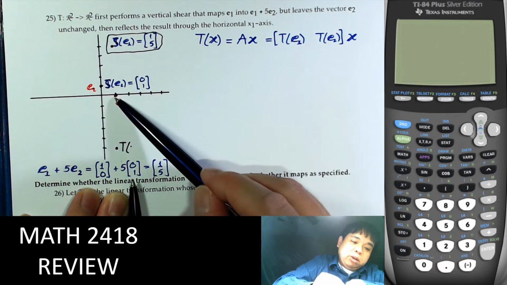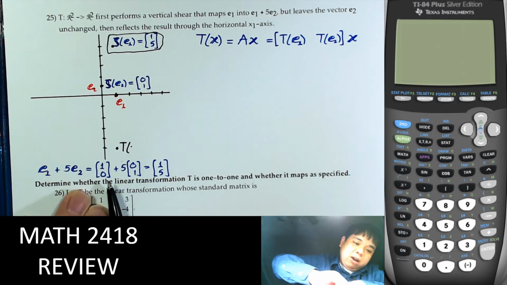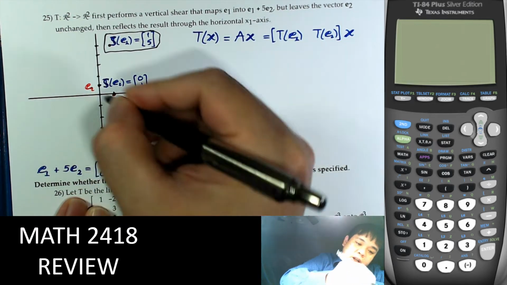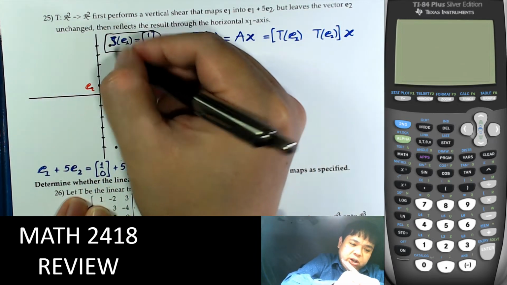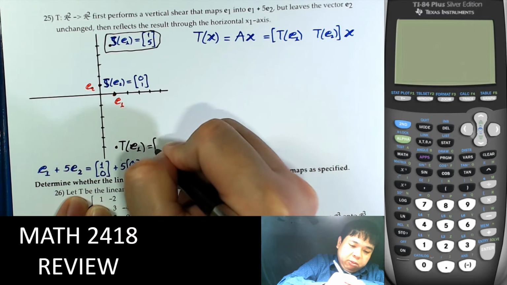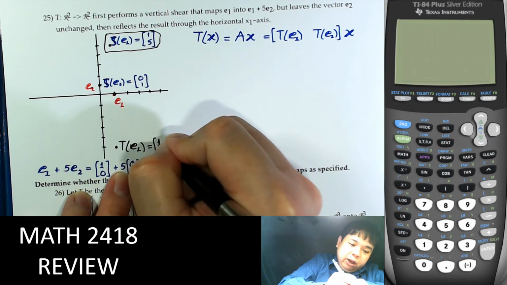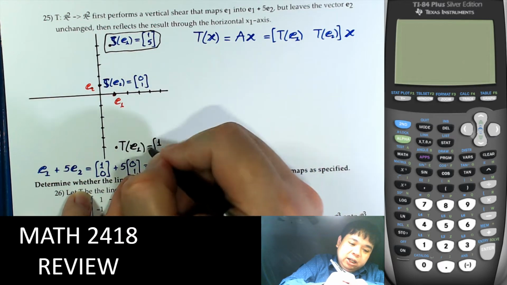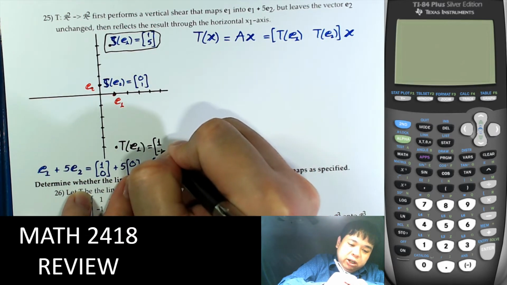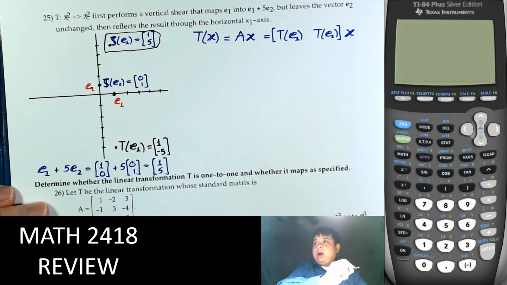First, it goes from E1 into that point, and then reflect back down here. So we should use the two operations like that. It's TE1, and we're going to the other one x. So now apply to E1, we're going to have 1 on original 1, and then E change to negative 5, because that reflects down, so it's 1 and negative 5.